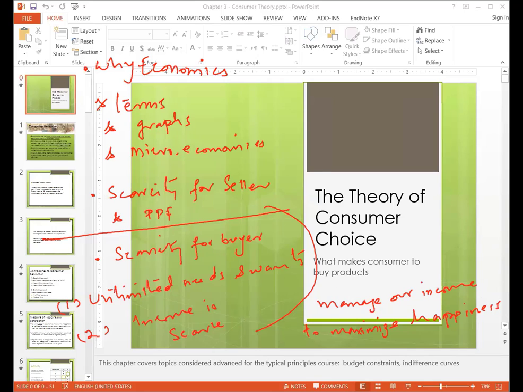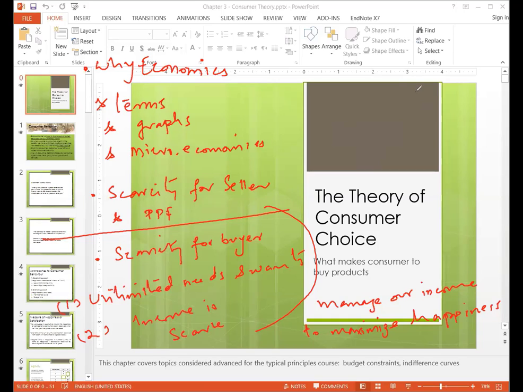So this is the definition of economics in terms of a consumer. In terms of a consumer, economics is a study that helps them to manage their income to maximize their happiness. So in this topic, we'll be focusing on these terms. Okay, so let's start with today's topic.